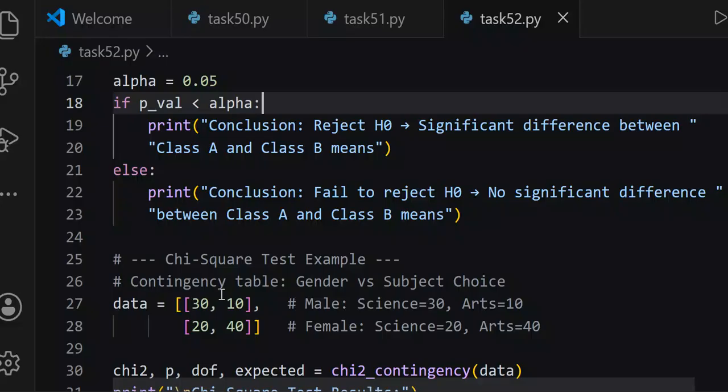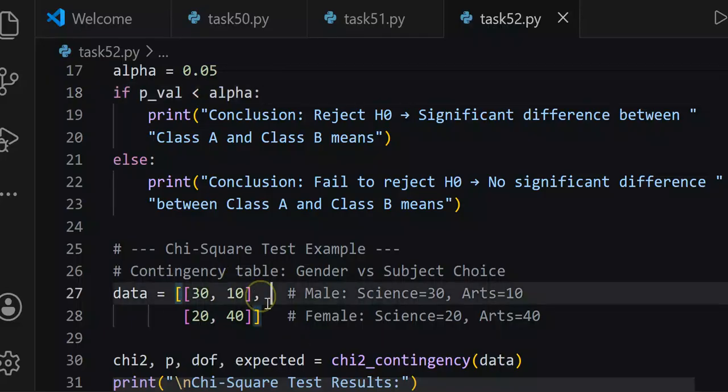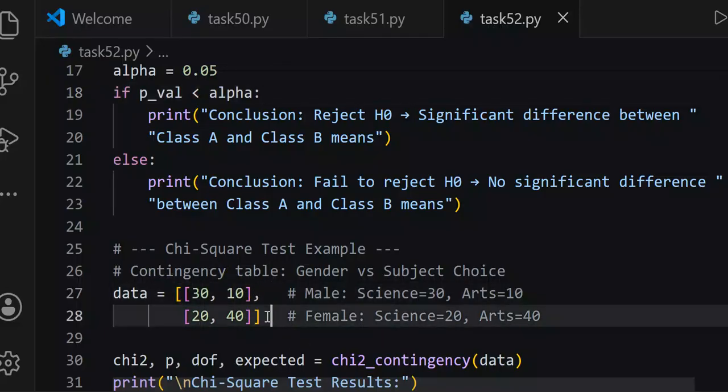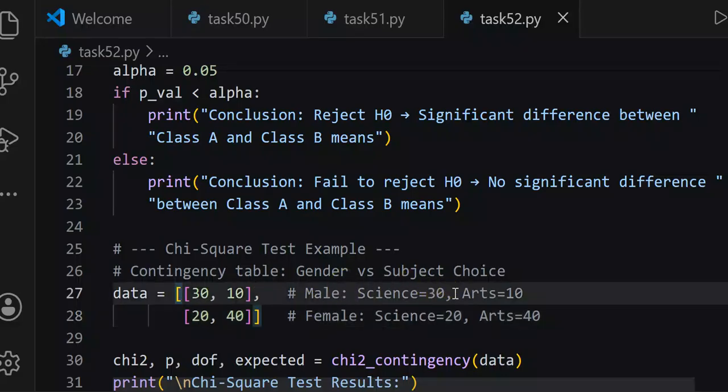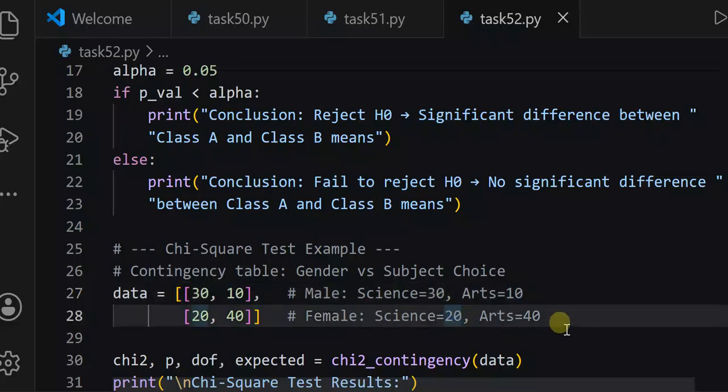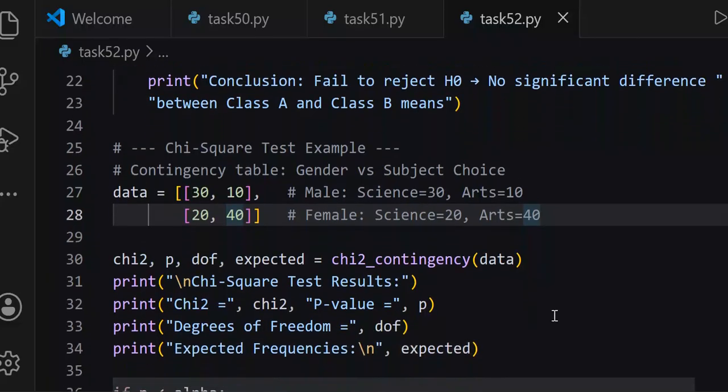For the chi-square testing, we first create a contingency table which has the data 30, 10 and 20, 40. That means for the male there are 30 science and 10 arts, and for the female 20 science and 40 arts. Then we perform a chi-square test.